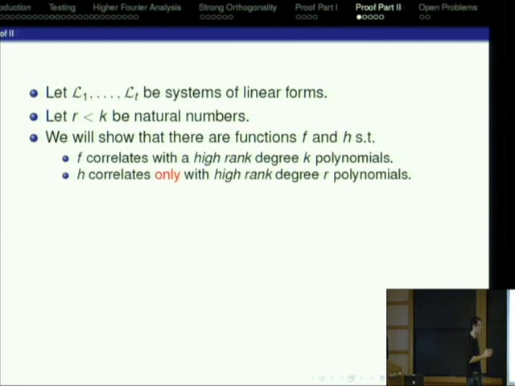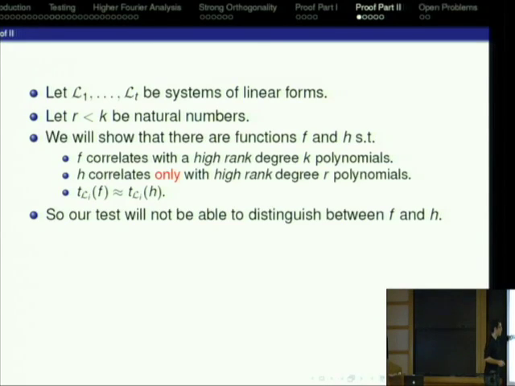So h consists of only high rank polynomials of degree r, so there are no other structures inside that. And TLI of f is the same as TLI of h. So since we are accepting f, we have to accept h. So h must correlate with some element inside G. And h has only polynomials of degree r. So we have to accept everything that has a polynomial of degree r.